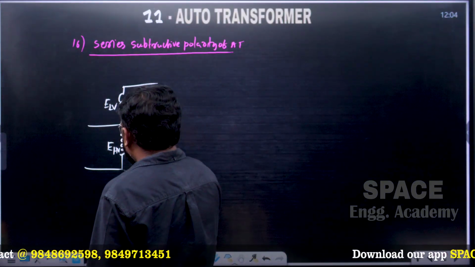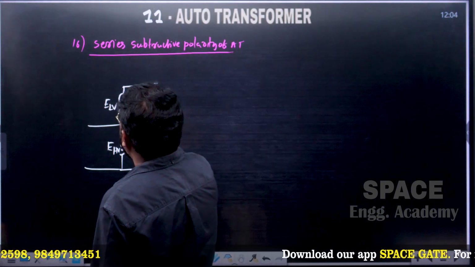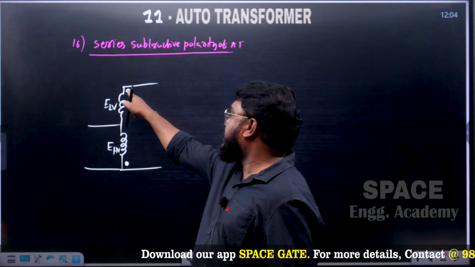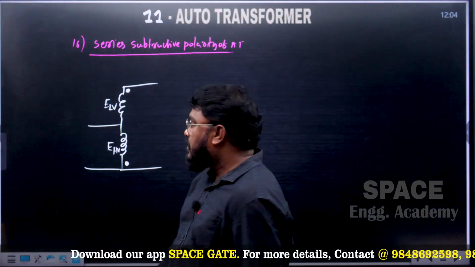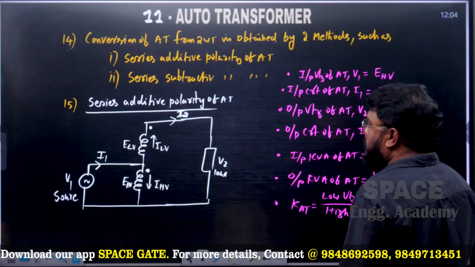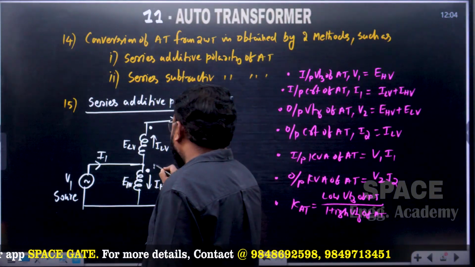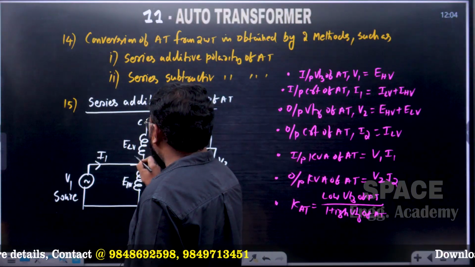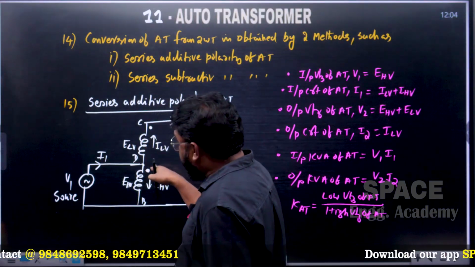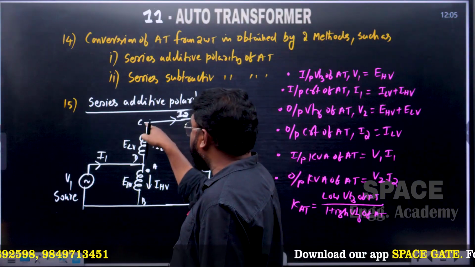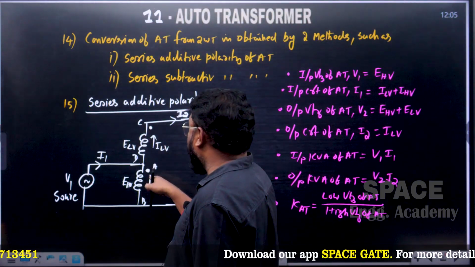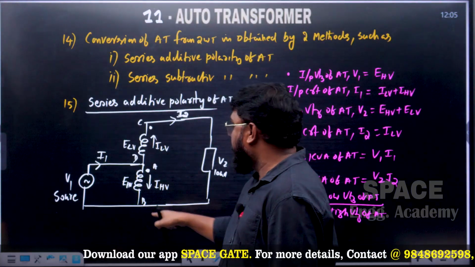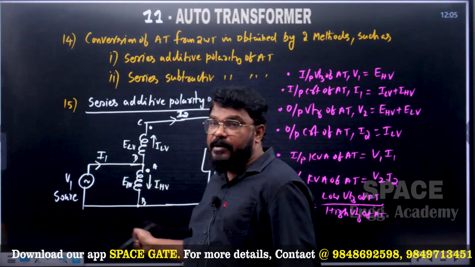These two are connected in series. Suppose this one is the dot, and this is the A winding, and this is the B winding, and this one is the C part and this is D. A is dotted, B is undotted. A and D are connected, and the B point is common between the source and the load.